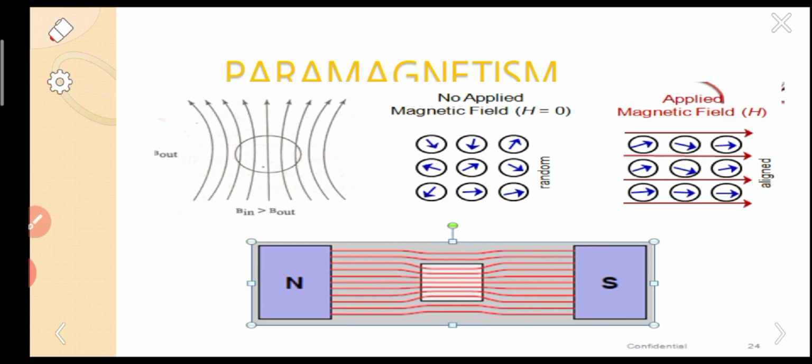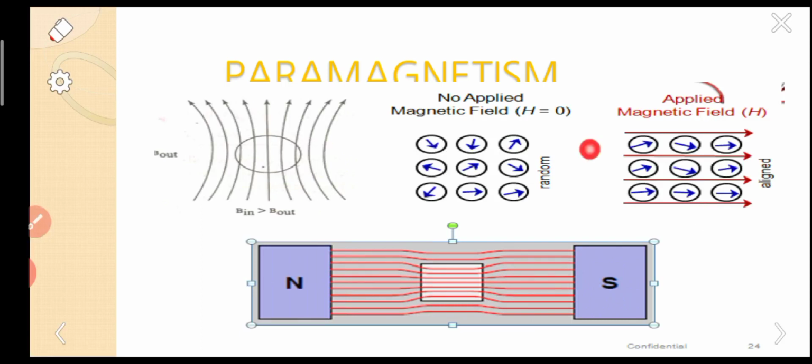Generally the relative permeability is greater than 1 and susceptibility is just positive. Such materials are generally called paramagnetic materials, and the type of magnetism they exhibit is called paramagnetism.